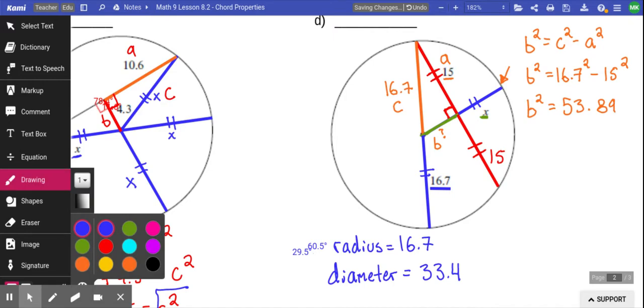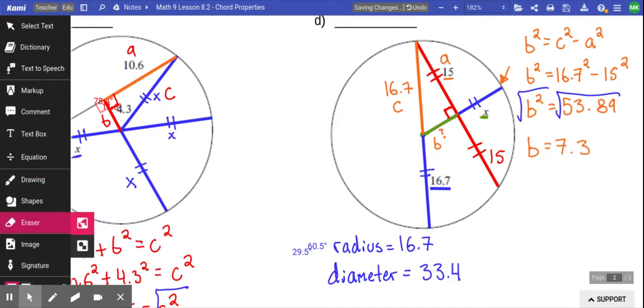And then I square root both sides. Square root both sides. I get B equals 7.3. Awesome. I can now go back into my triangle and I can label that side 7.3.